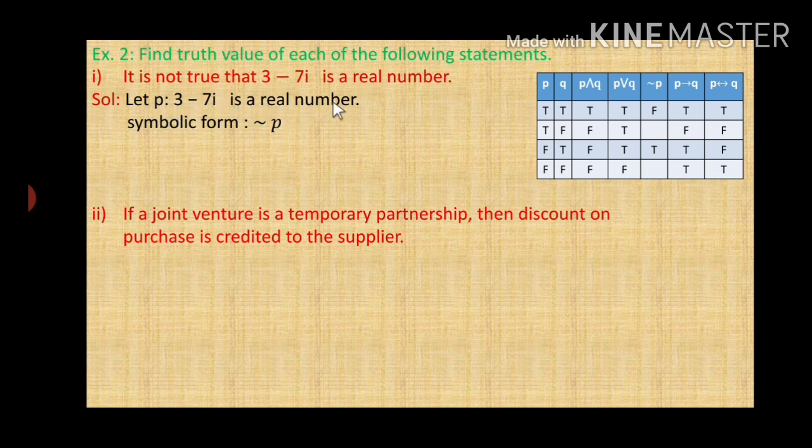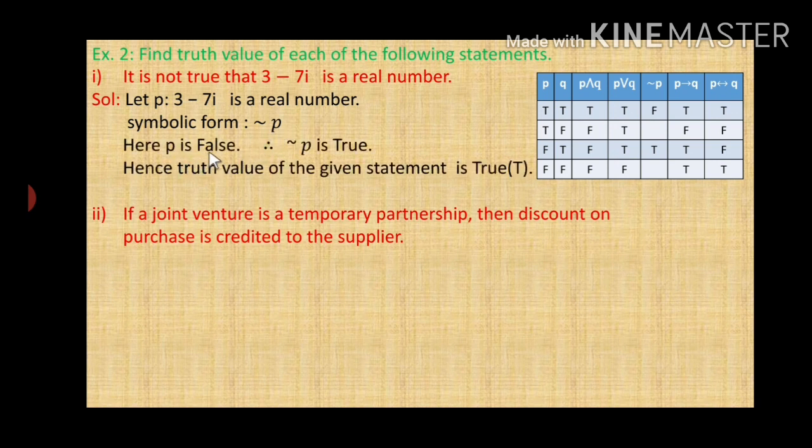Is it true or false? It is false, because we have studied that 3 minus 7i is a complex number. It is not a real number. So the truth value of P is false. So the truth value of negation P will then become true. Correct? So here P is false, therefore negation P is true. So the truth value of the given statement is true.